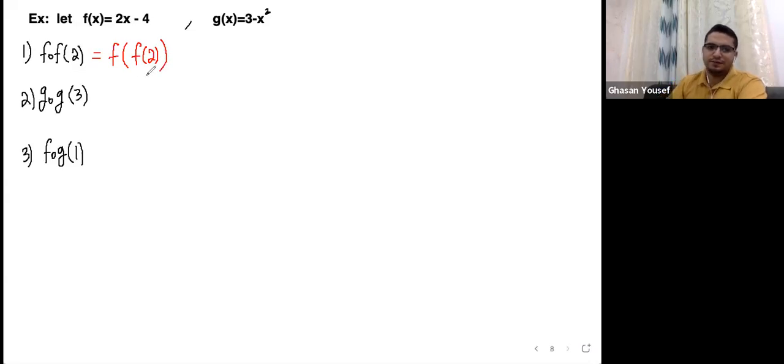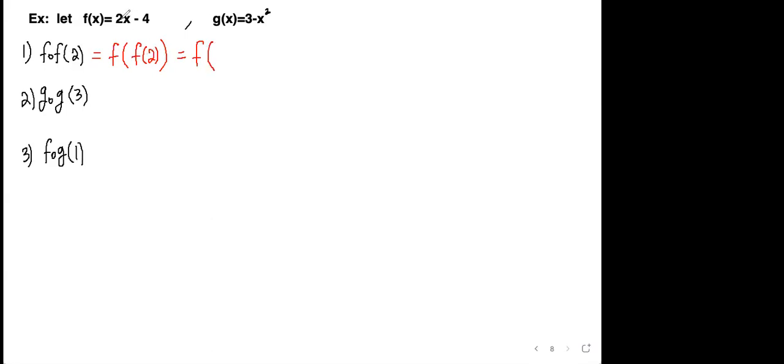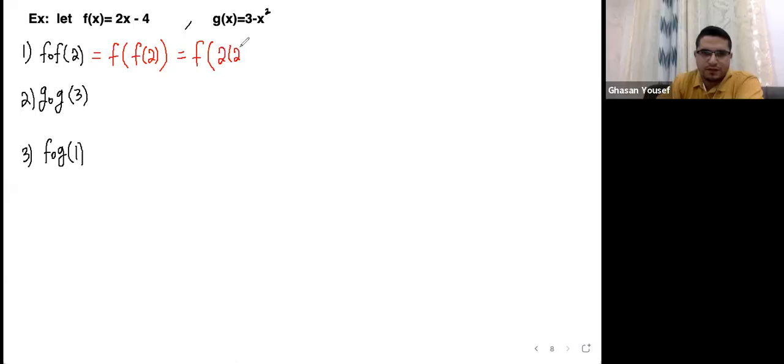It's easy now. I could try. Go ahead. It will be 2 parentheses 2 again. So this is again f of 2 inside this function. So 2 times, okay, 2 minus 4.